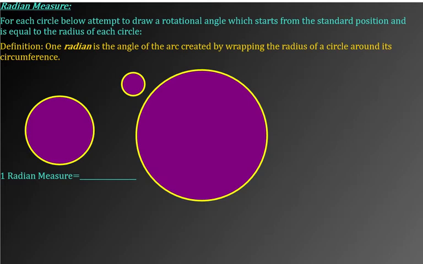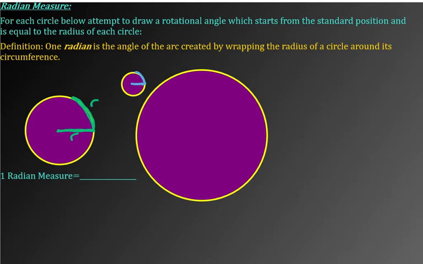So let's say that is the radius, roughly. I'm going to take this from the standard position and wrap it in the positive direction around, let's say that's about it. That is roughly the arc length there, equal to r as well. If I do another one, this little one has a little radius, so wrap it around, about right there. We'll do one more here.